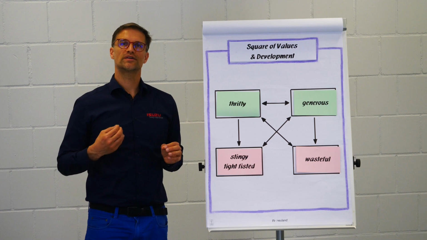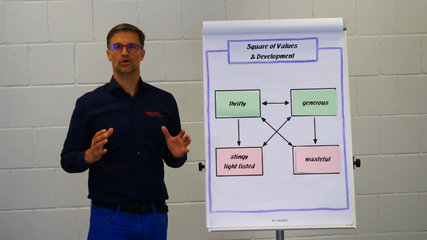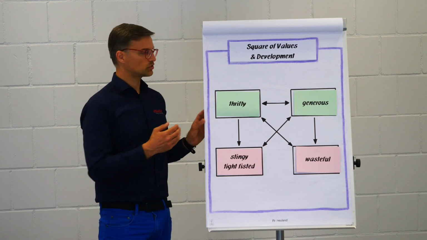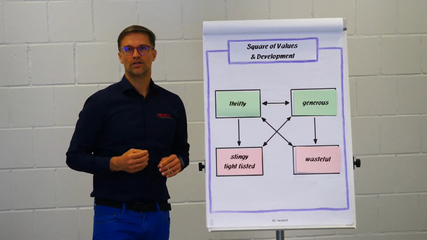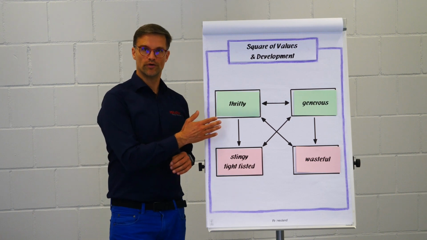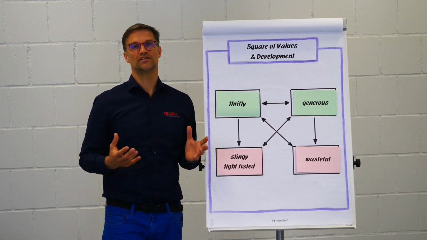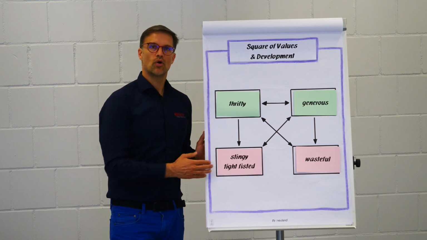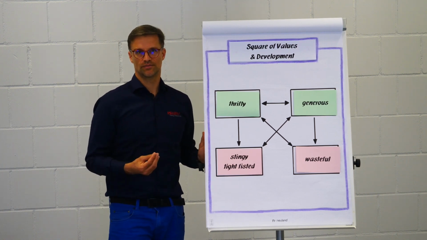Let's look at the whole example again before I give you the construction manual. At the top we always find the positive values or qualities. The good quality, being thrifty, becomes negative when it is exaggerated. Then it becomes being stingy or being tight-fisted.